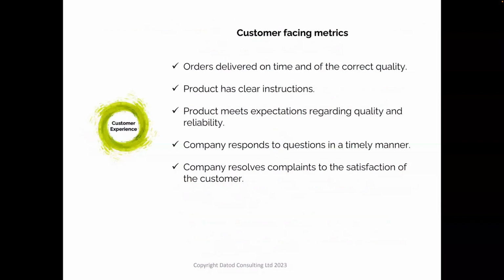Conversely, the customers, the end patients and the hospitals, are really concerned: are they getting the product on time with the right quality? Are the instructions clear? Is it meeting their requirements in terms of product quality and reliability? Are you responding to their questions in a timely manner? And if they have a complaint, is it resolved adequately, quickly, to the satisfaction of the customer?